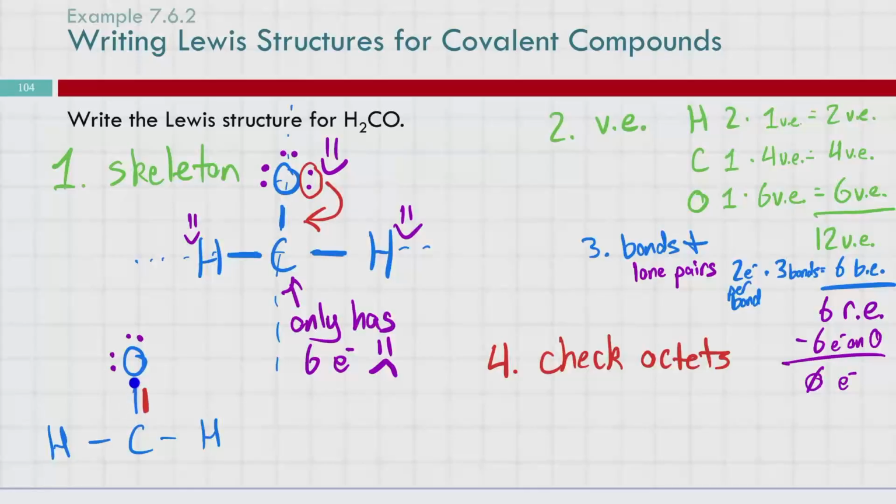It's got 2 lines, 2, 4 electrons, 6 electrons, 8 electrons. Oxygen is happy. We didn't change anything about our hydrogens, so they're happy. Carbon in the middle now has 4 bonds with 2 electrons each. 4 times 2 gives us 8. So carbon is also happy. Full octets, all electrons placed. We're done.